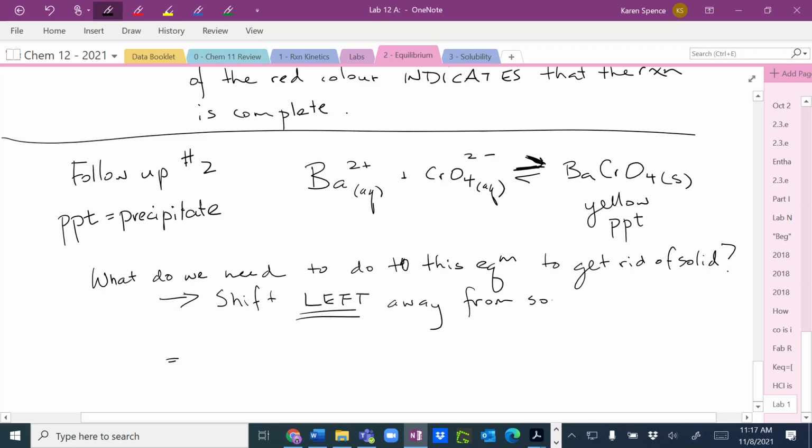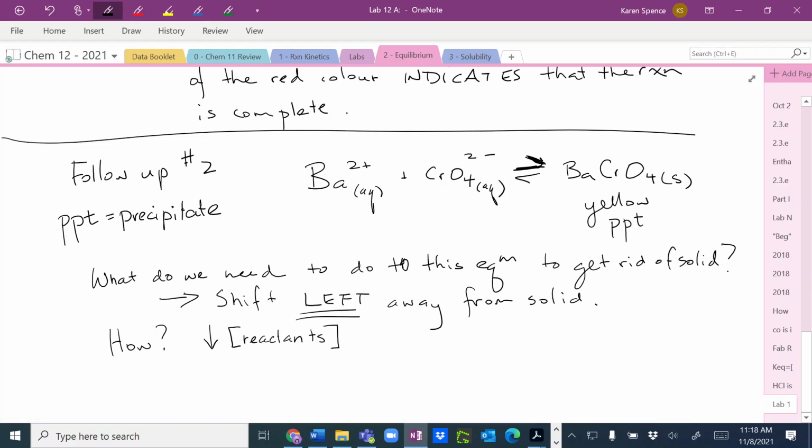How are we going to do that? We can decrease the concentration of the reactants. Because equilibrium always shifts towards a decrease, yes?